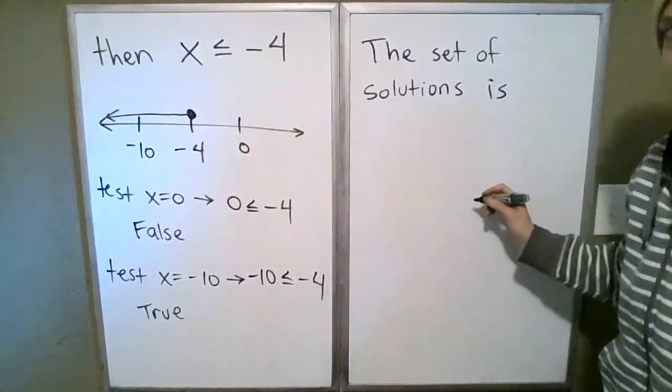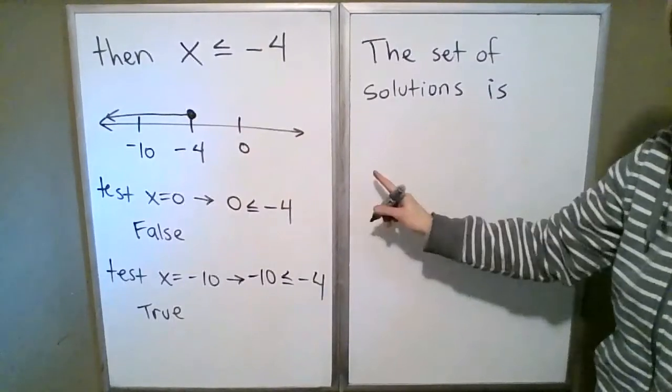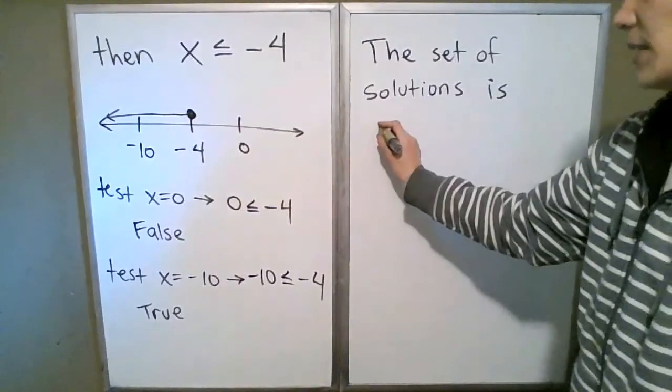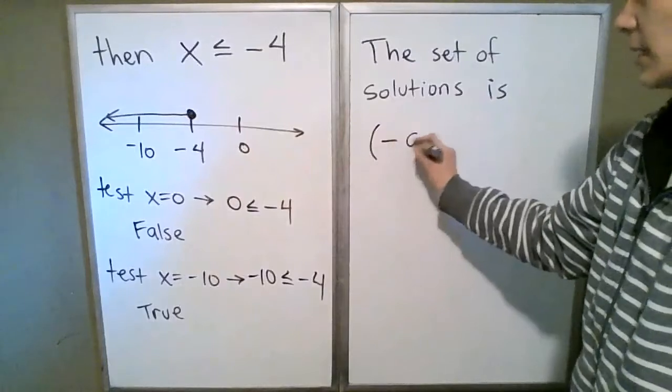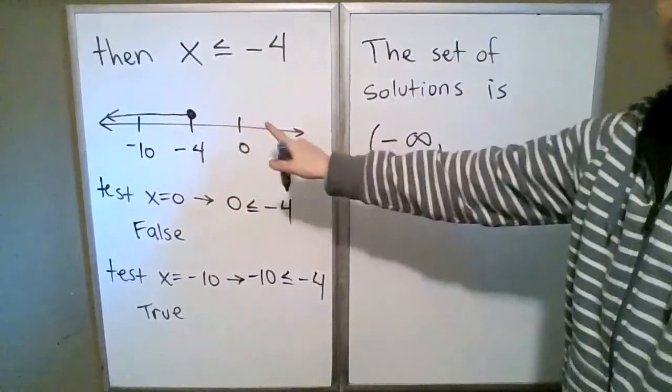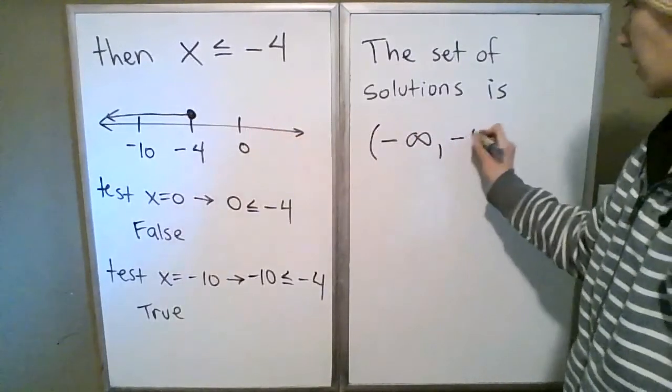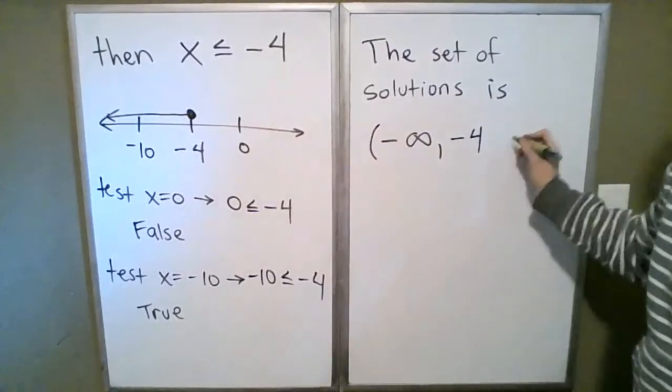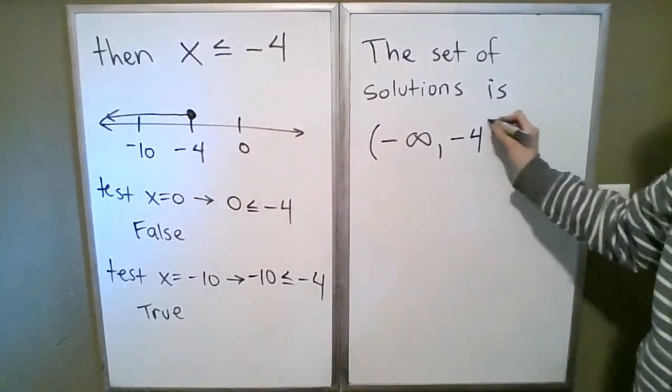It is going to go from the smaller value, which this time is -infinity, which always has parentheses on it, over to the larger number of -4. You can include -4, so it needs a square bracket or a hard bracket.